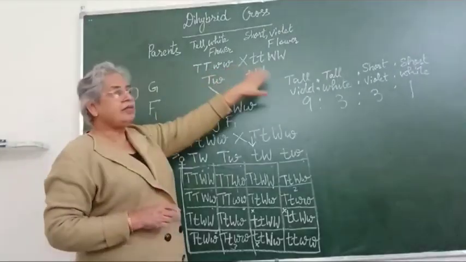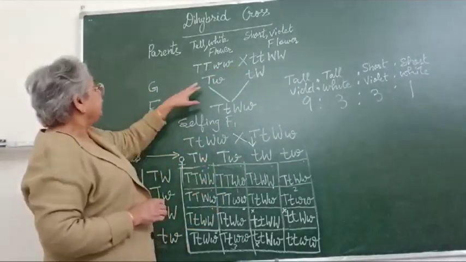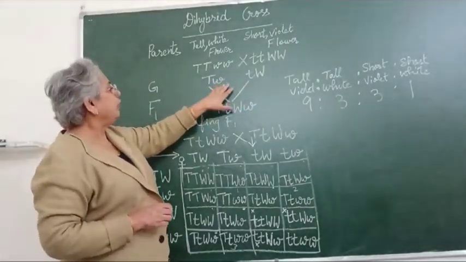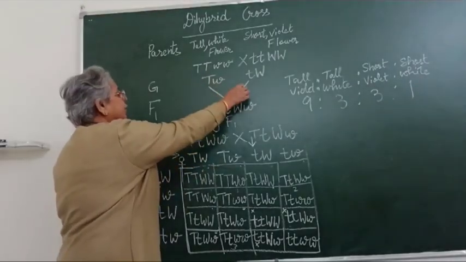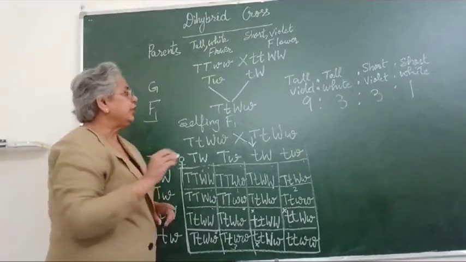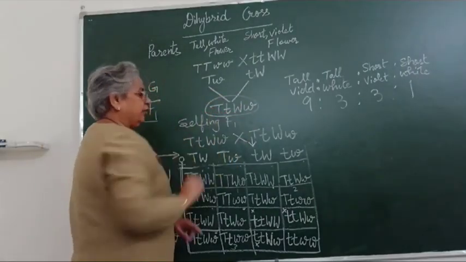Now the parents are homozygous, right? So the gametes are of similar type, so I have shown only one gamete each. When the gametes fuse in the F1 first filial generation, we get this genetic combination.